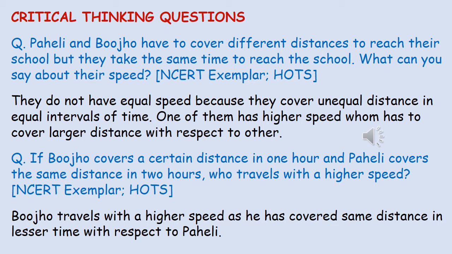Now, whoever is traveling the same distance in a greater time interval is obviously moving slower. So Bojo travels with higher speed as he has covered the same distance in less time compared to Paheli.